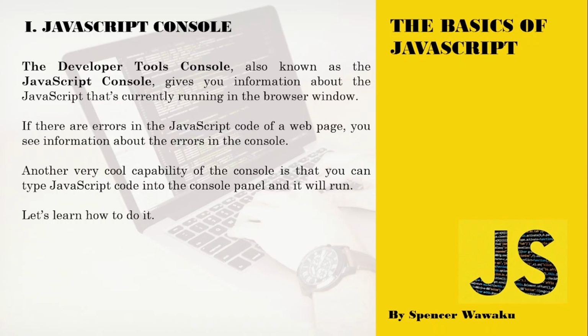So in short, the JavaScript console gives you information about the JavaScript that's currently running in the browser window. If there are errors in the JavaScript code of a web page, you see information about the errors in the console.